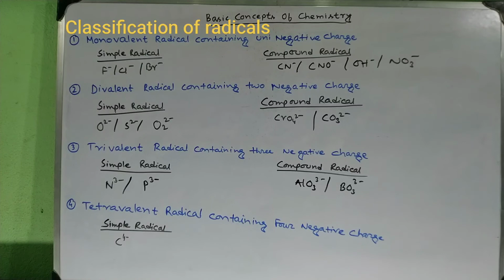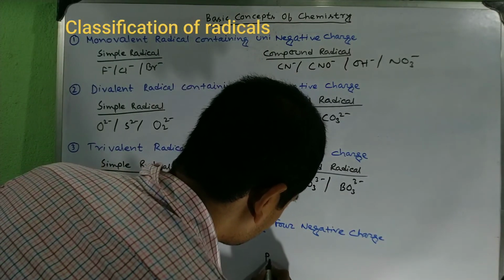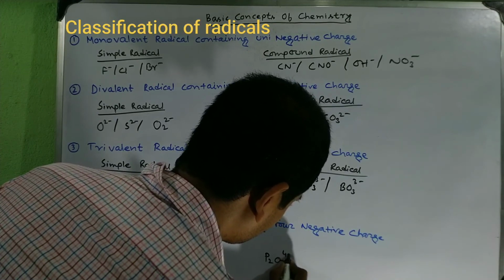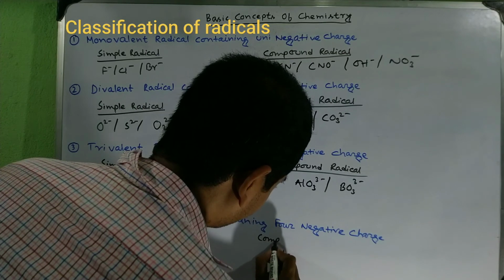The compound radical is pyrophosphate. Pyrophosphate, what is the class? Compound.